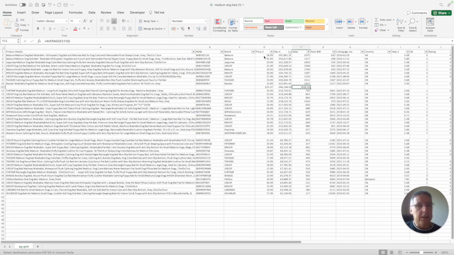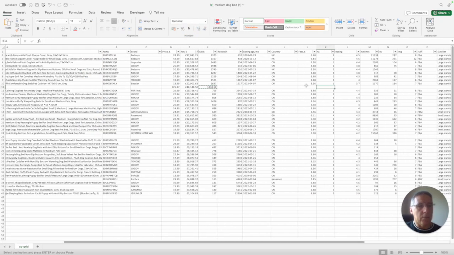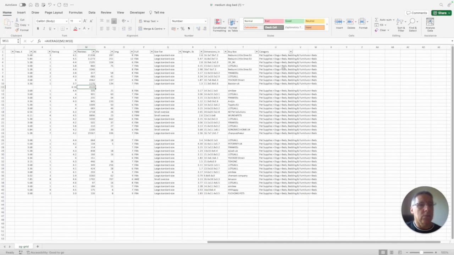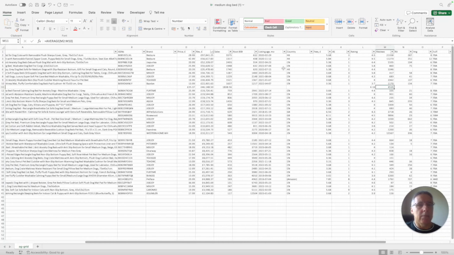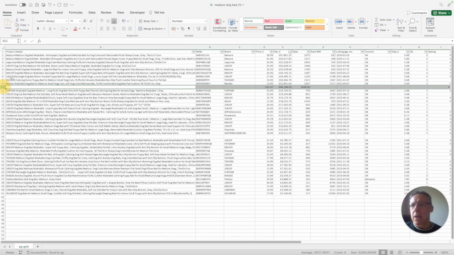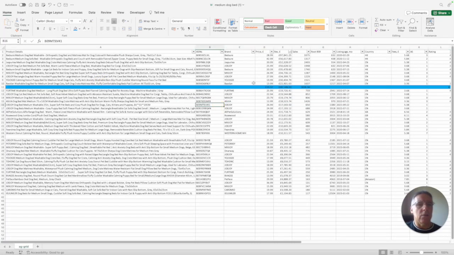I'm going to be looking at average ratings, and I'm going to be looking at average reviews. And I think that's all we need to do. Yeah, so what we're going to do there is we're going to be looking at averages across that.